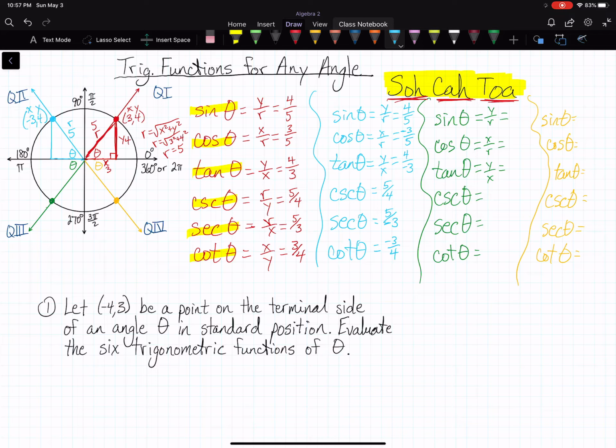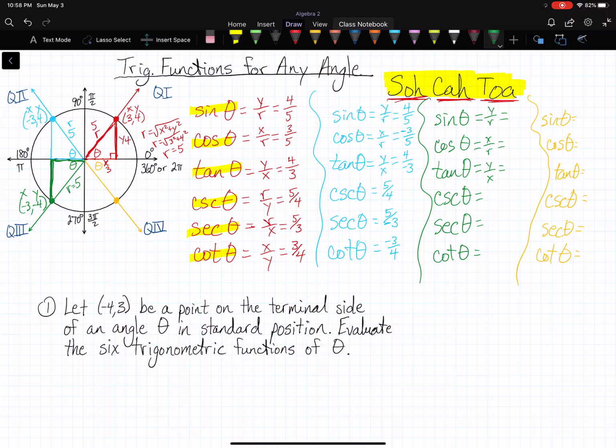For the green one, its point down here, again, go straight to the x-axis. Draw you a triangle. This point down here is going to be -3, -4. So we're in quadrant 3 this time. Same things apply. So my x is -3, my y is -4, and guess what r is?